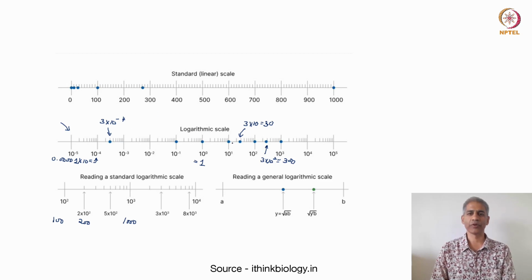So you could say I'm going up in 7 orders of magnitude because I'm using the base 10 for this scale. So that's the major benefit of using a log scale, is that it allows you to represent numbers across a very large range, which is much needed when we are talking about biology.